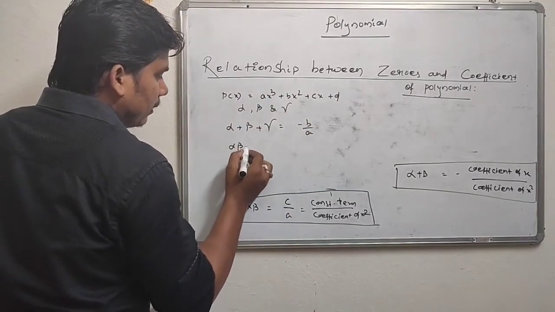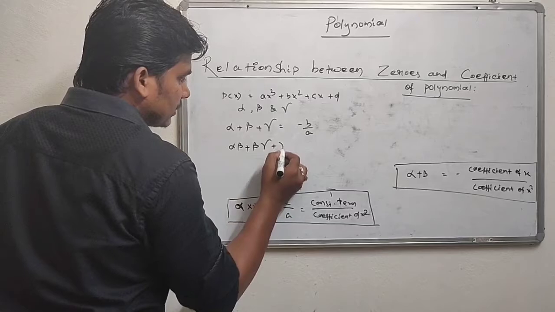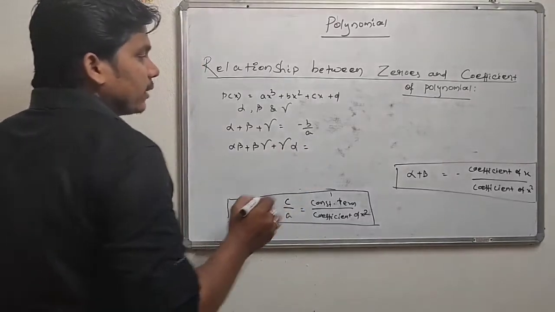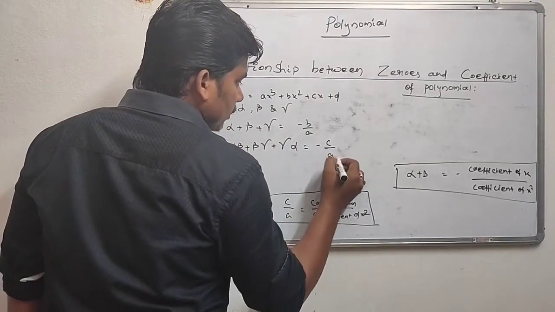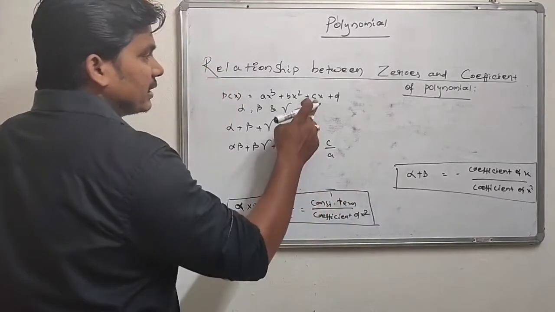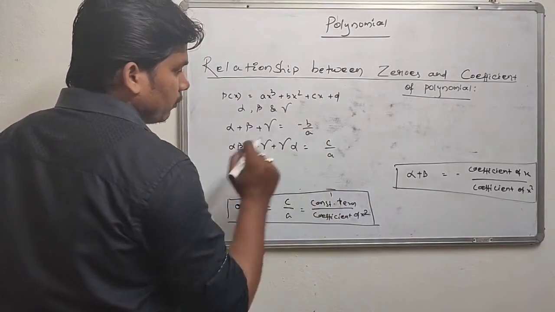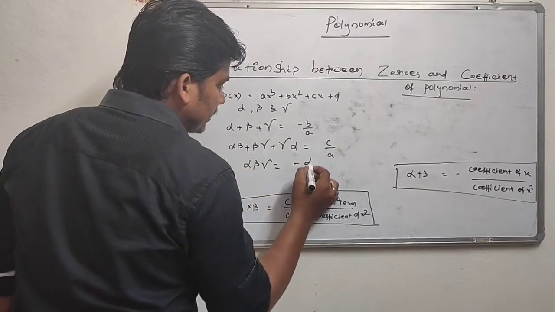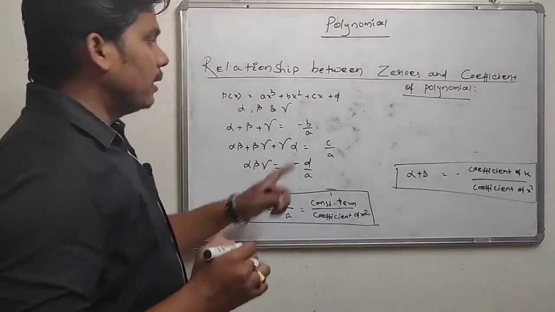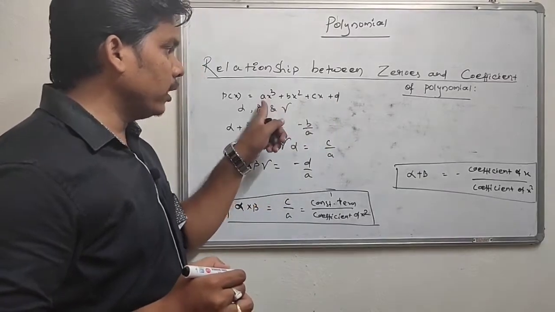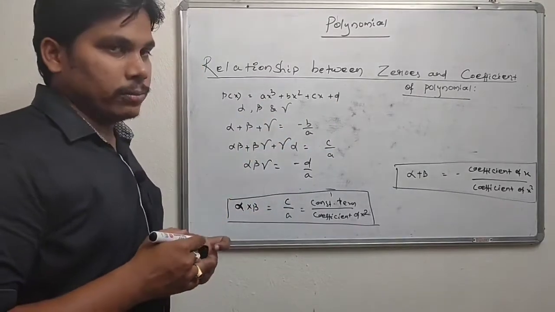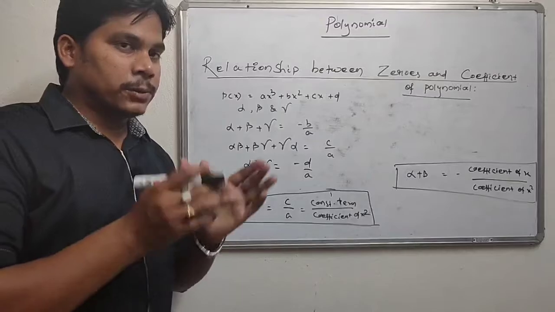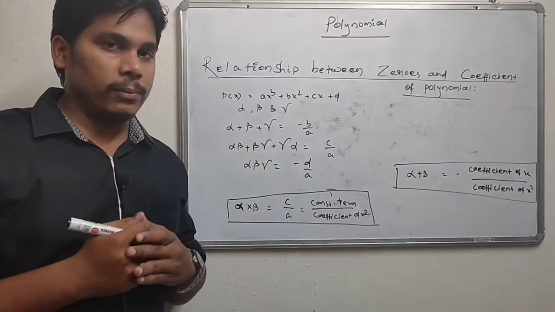Next, alpha beta plus beta gamma plus gamma alpha is equal to plus c by a, which is the coefficient of x by the coefficient of x cube. Next, alpha beta gamma is equal to minus d by a, which is the negative of the constant term by the coefficient of x cube. These all are the relationships of zeros and coefficients of a polynomial.